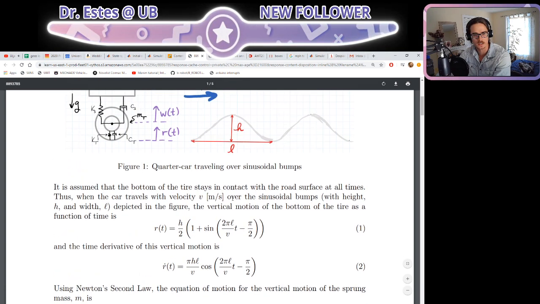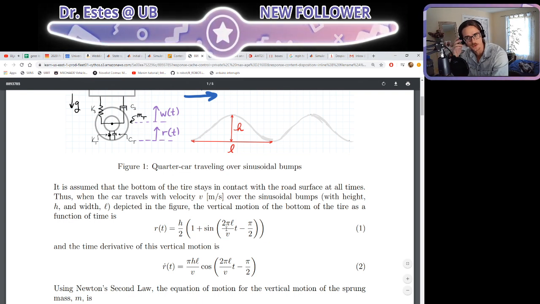Shouldn't the frequency be faster the faster I go over these bumps? So I'm going to have to go back and check my math right here, because I think that V might need to be in the numerator.